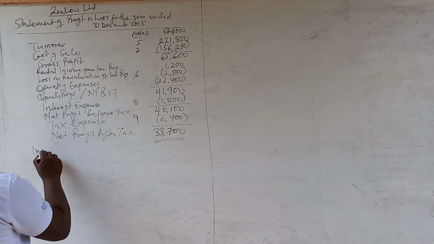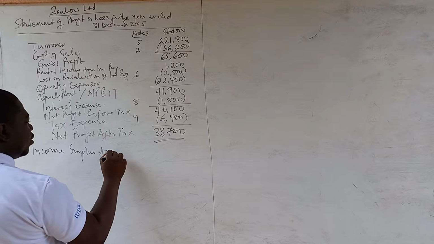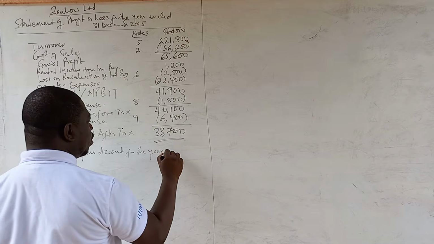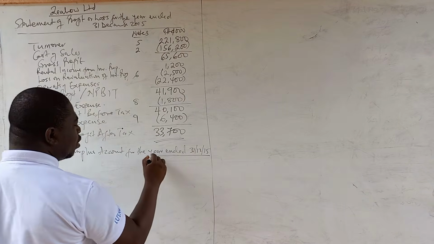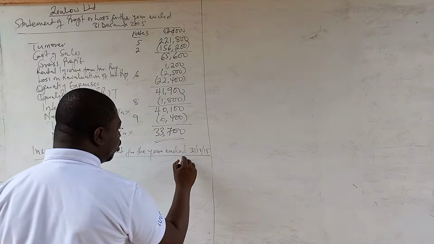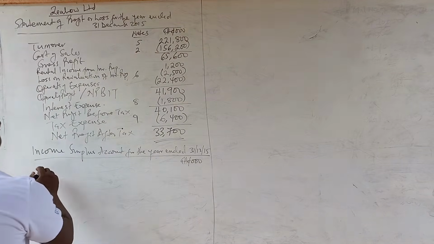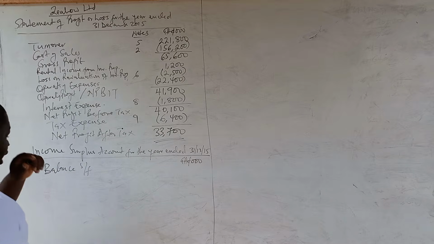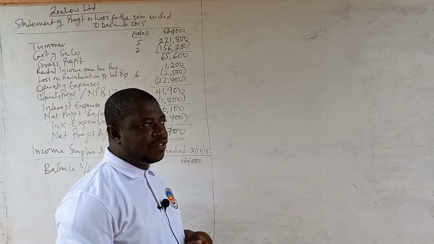So you say income surplus account for the year ended 31st December 15. And then you show your currency sign with 3 zeros. You start with your opening balance. So from the question, the opening balance for income surplus, as you can see on the trial balance, is 17,500.